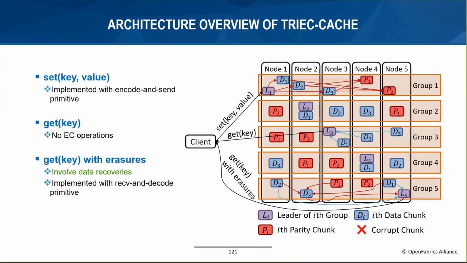Yes, that's true. So for this question, we achieved this in the TRIEC-CACHE layer. If any crash or unexpected error happens during these processes, these nodes will report the errors to the leader, and the leader will send the failure back to the client, and then the client will issue another operation.